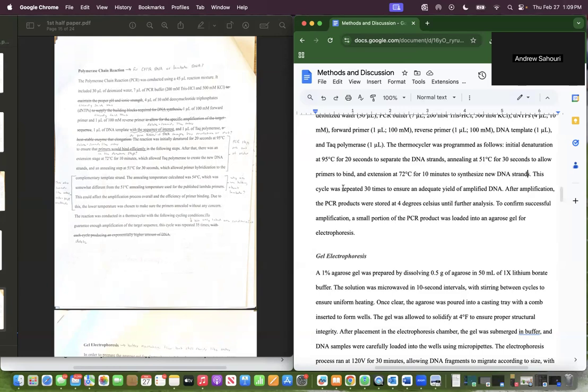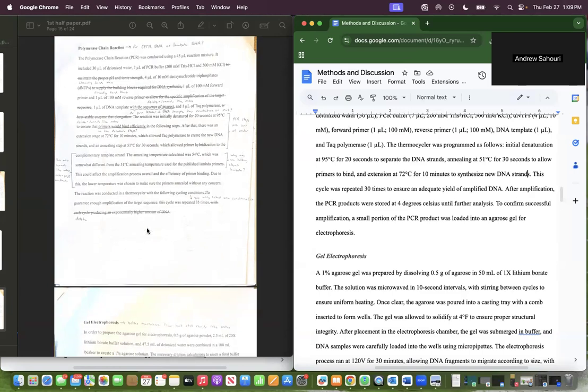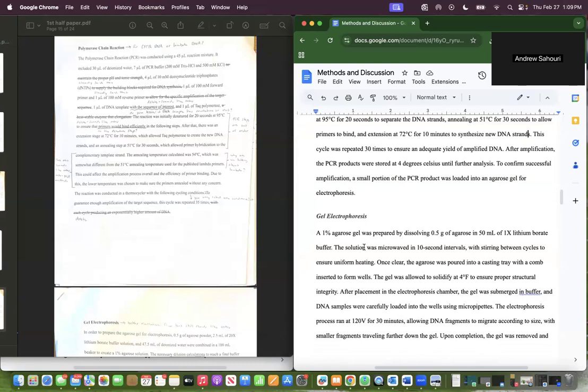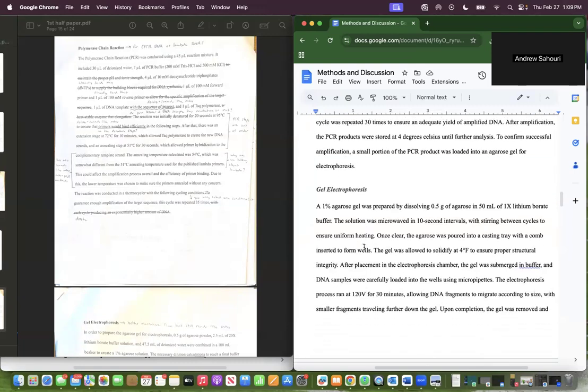I said that instead of the way this one ended because this was deleted. Instead of putting that the cycle was repeated 35 times to guarantee enough amplification, I said it was loaded into an agarose gel for electrophoresis, in order to lead on to what was going to be talked about in the next section, to have a nice little flow.